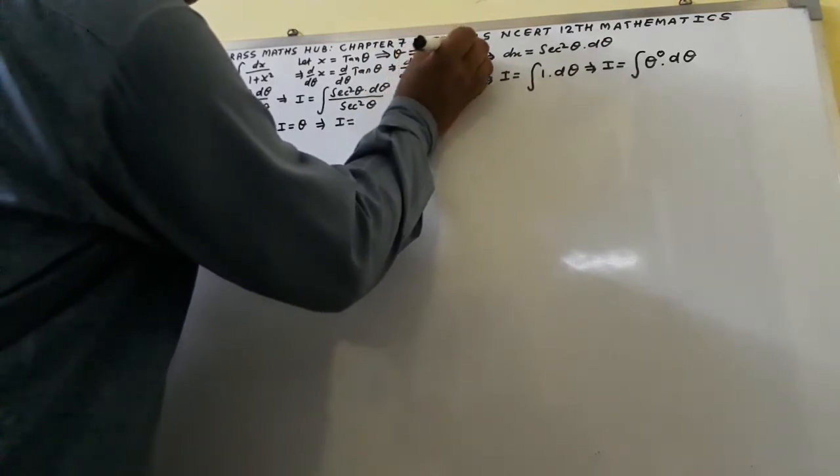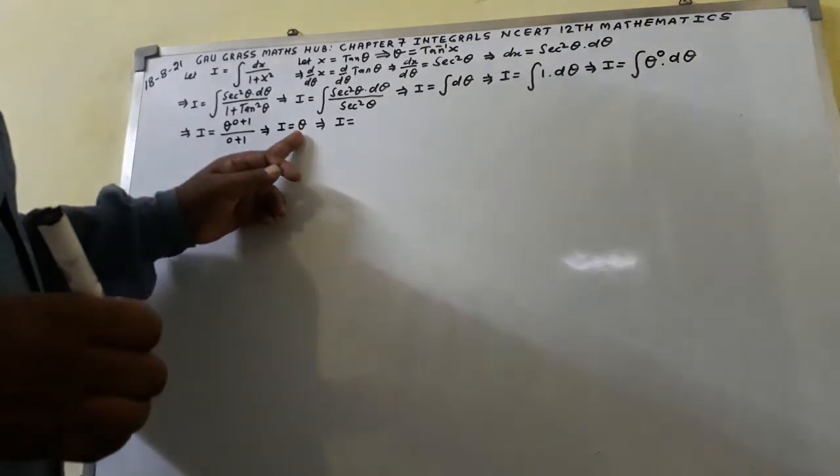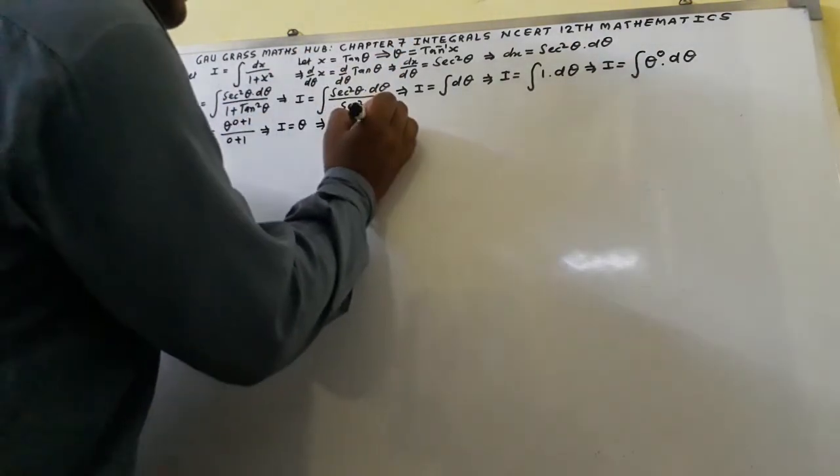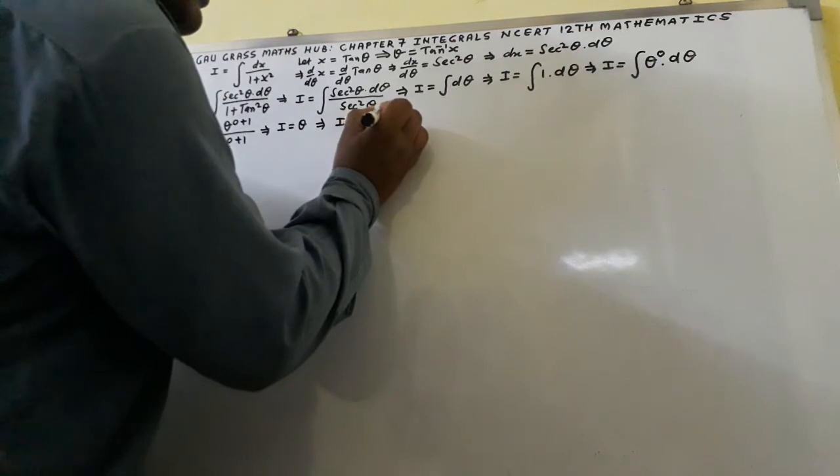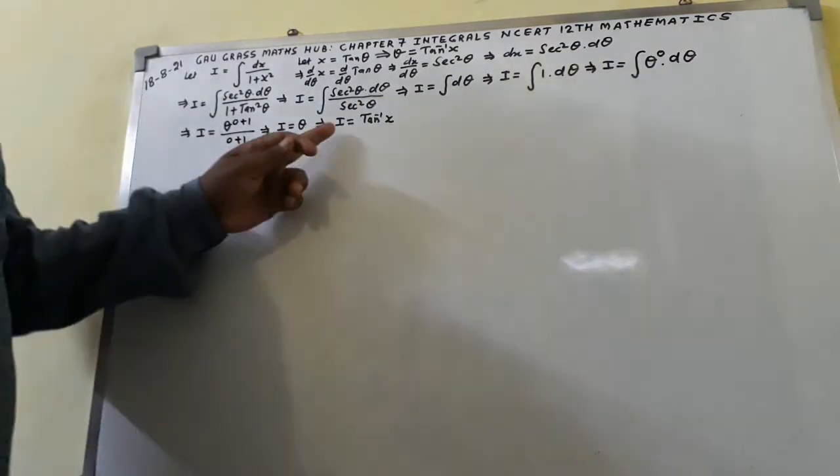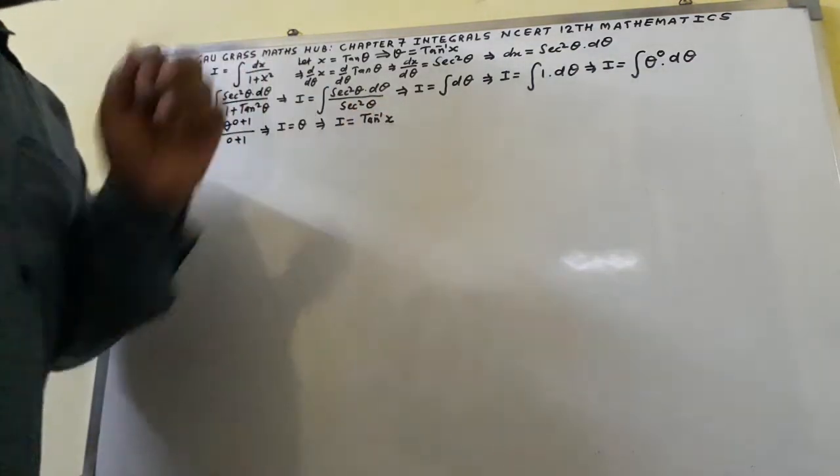In place of theta I shall write tan inverse x. The value of I we have got is tan inverse x.